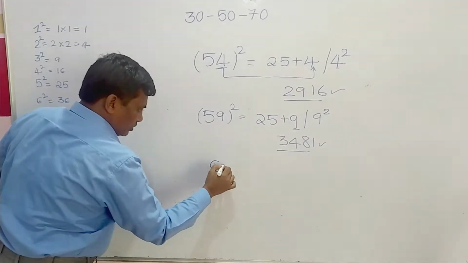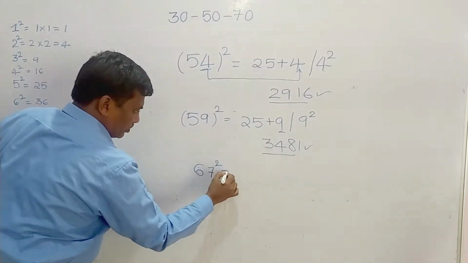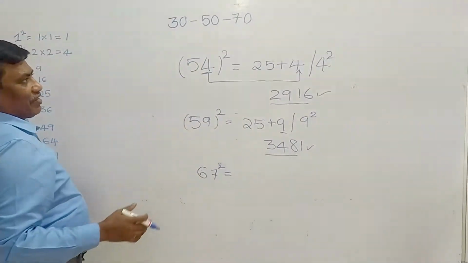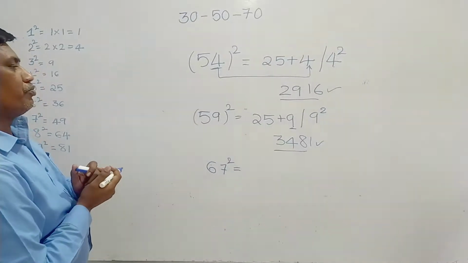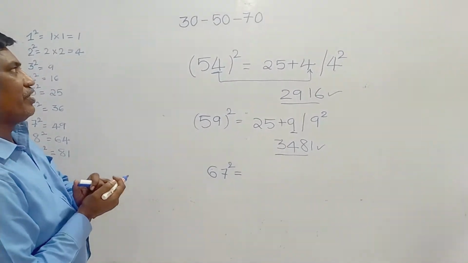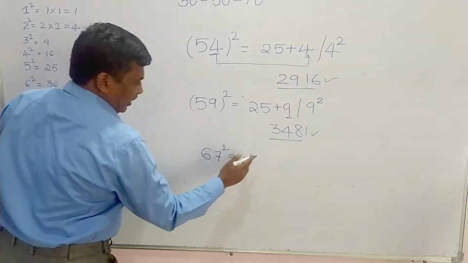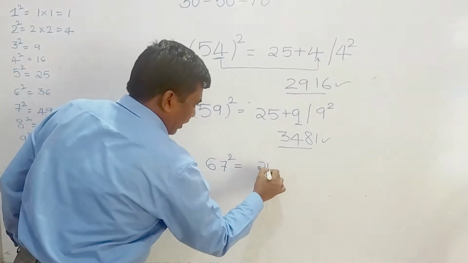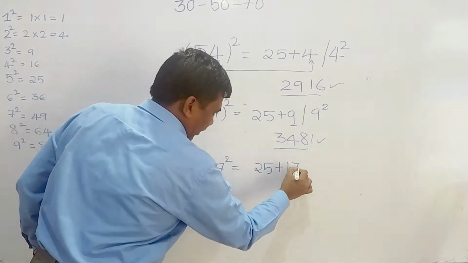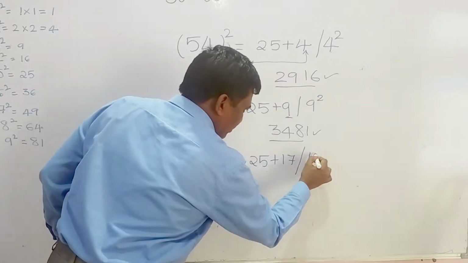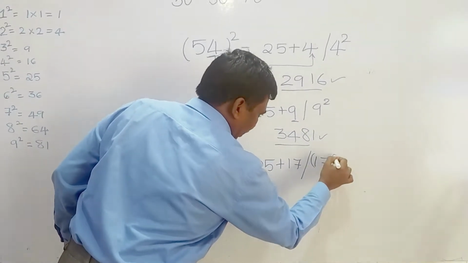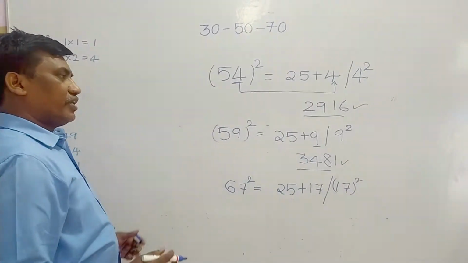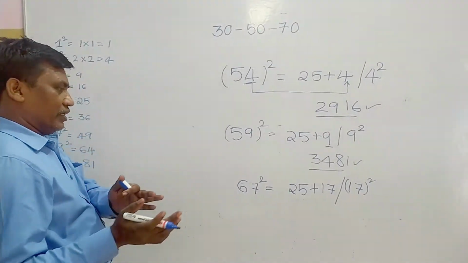Suppose 67 square. We have to see how much more than 50 it is. This is 17 more than 50. 25 plus 17, slash, 17 square. You should know the fundamentals actually.